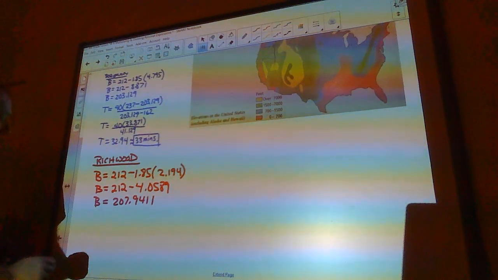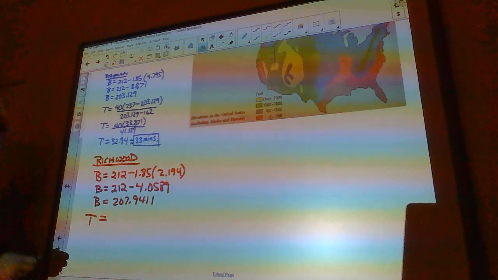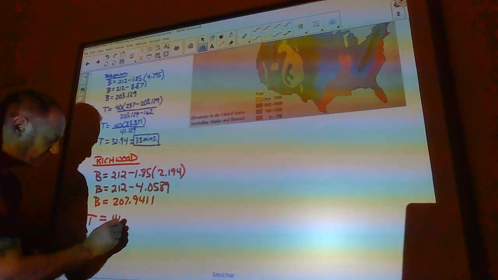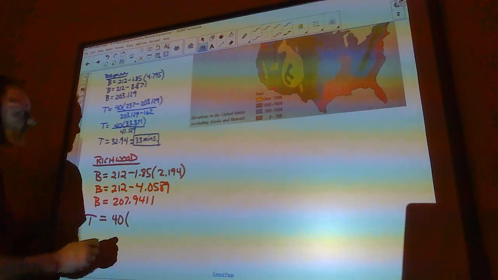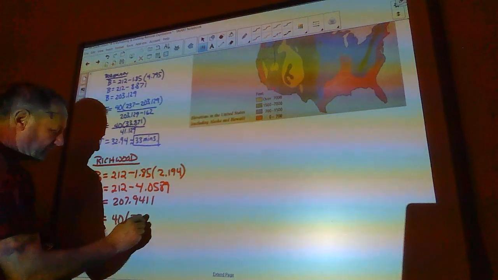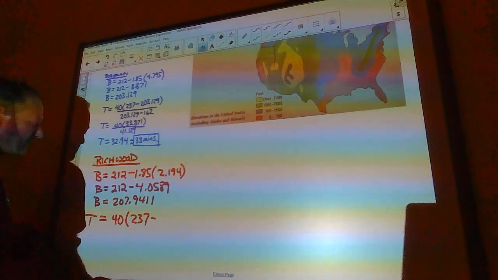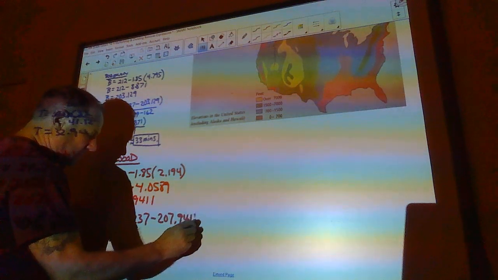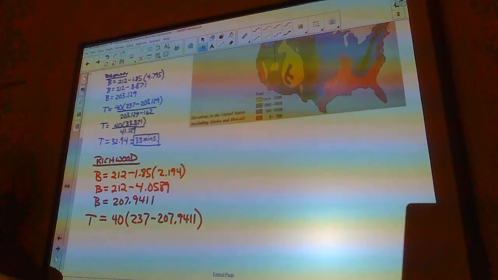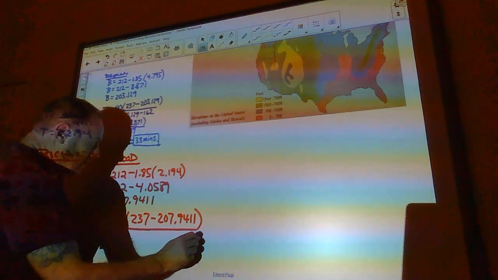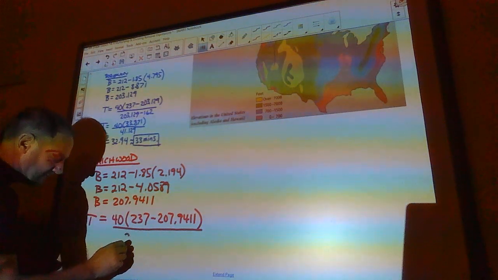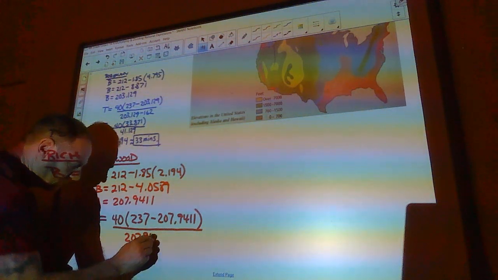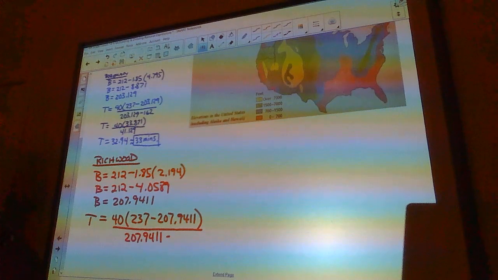Okay, there's my B. Now I've got to figure out what T is. So T is going to be 40 times (237 minus 207.9411) all over (207.9411 minus 162).